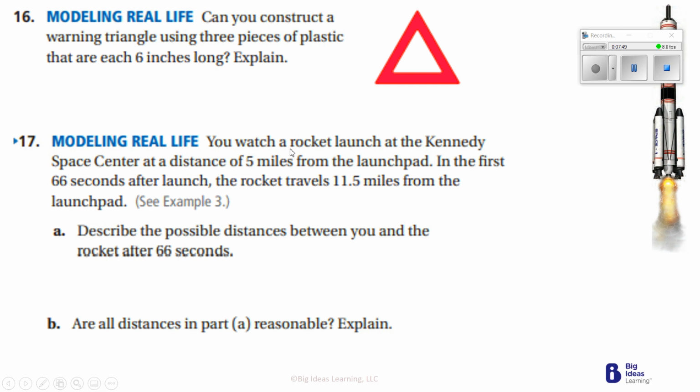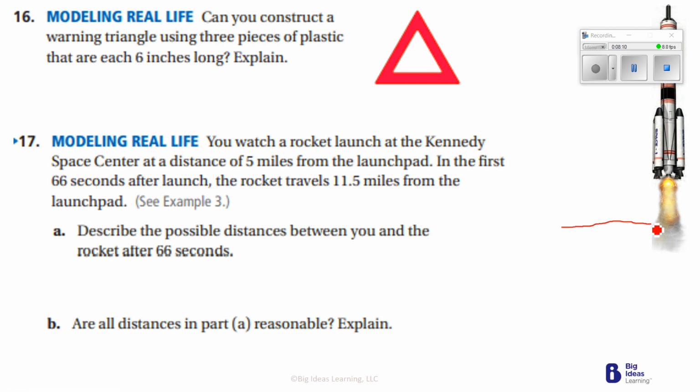17. You watch a rocket launch at the Kennedy Space Center at a distance of 5 miles from the launch pad. Okay, let's just check that out for a second.